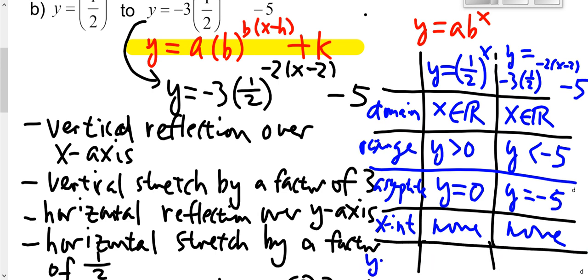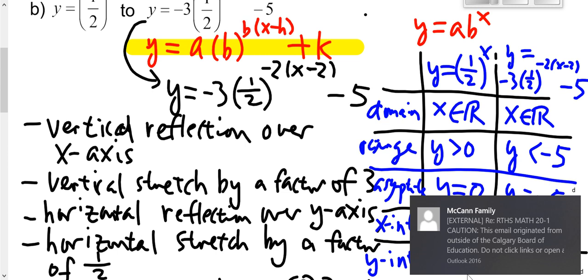Sorry guys, I know it's a bit messy. For the y-intercept, as I mentioned a little while ago, the invisible number is 1 here, and it is in the standard form, so the y-intercept would be just 1.